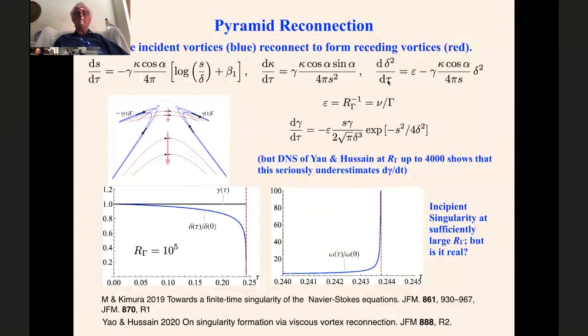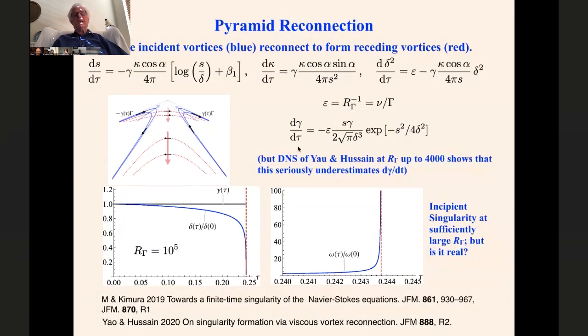It's more conveniently put as an equation for delta squared. There is a small parameter, epsilon, which is the inverse of the vortex Reynolds number. And there's a parameter gamma, which represents the proportion of the initial vorticity which has reconnected.